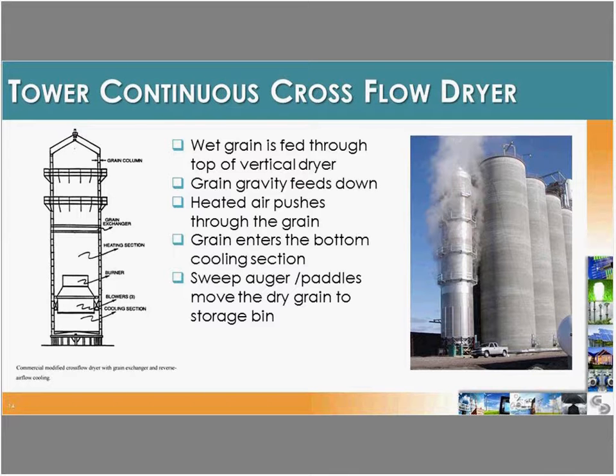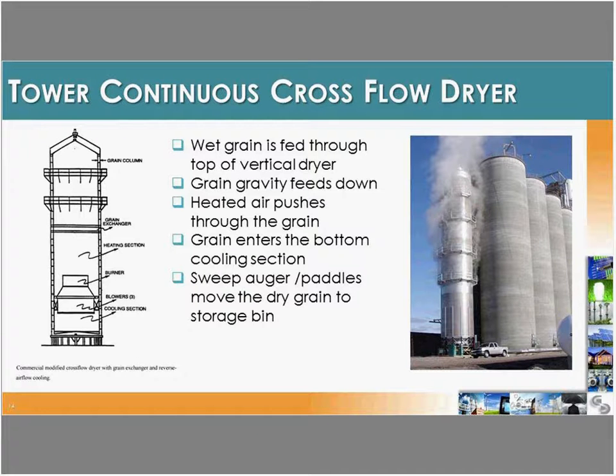Another continuous cross-flow dryer is the tower dryer, also called vertical dryers. The heated air blows across the grain as it flows by gravity down 8 to 18 inch wide columns. It has the cooling section at the bottom and a heated section more towards the center top.